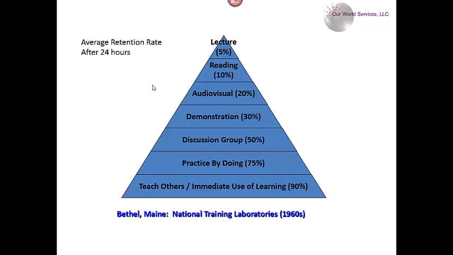The study was repeated in 2004 by another university, and the same principles still apply. It's amazing that over 40-some years, the principles of the retention rates have not changed. They've just varied depending on the media.